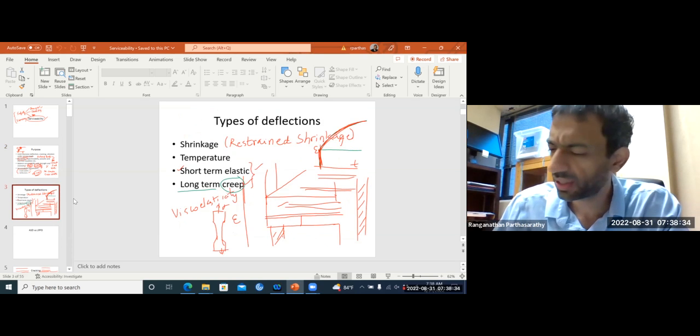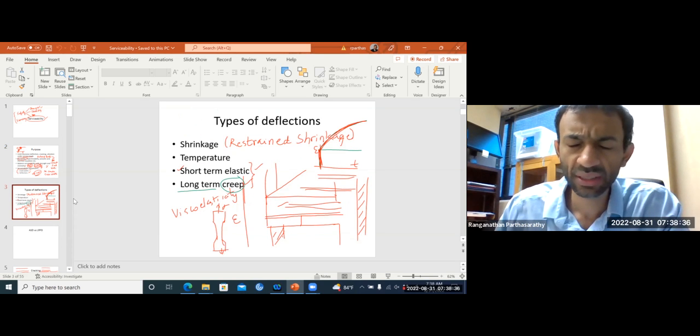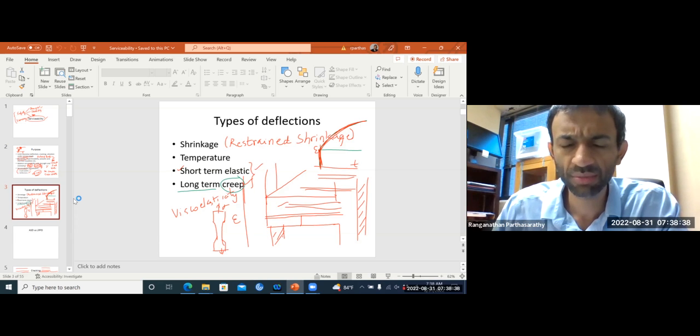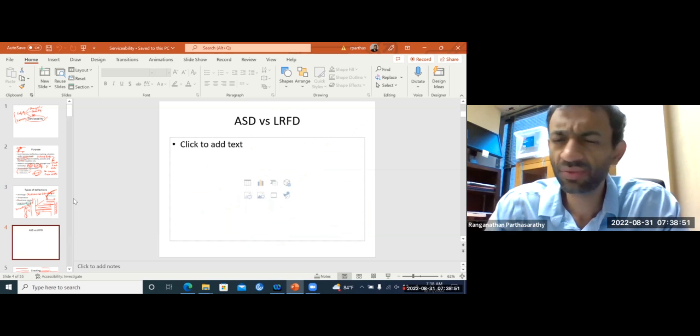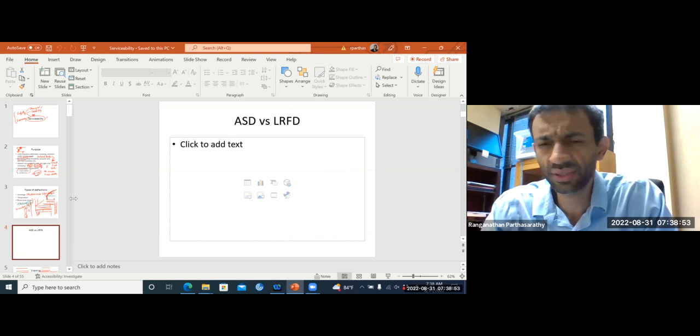If you remember, we said deflections happen mainly due to four reasons: temperature, shrinkage, immediate elastic deformations, and creep. Then we briefly went over ASD versus LRFD.